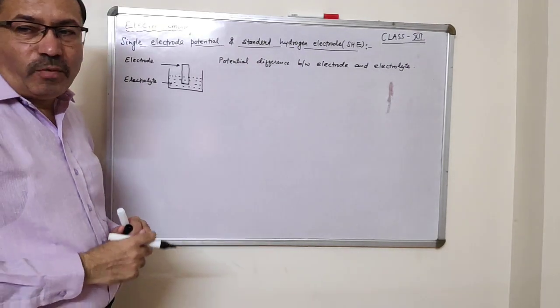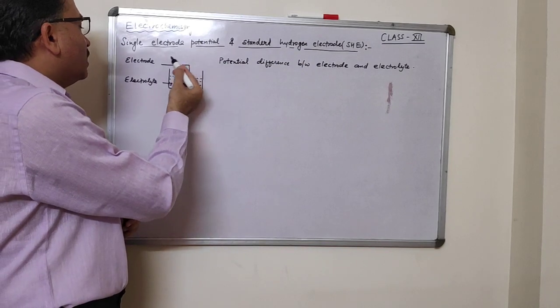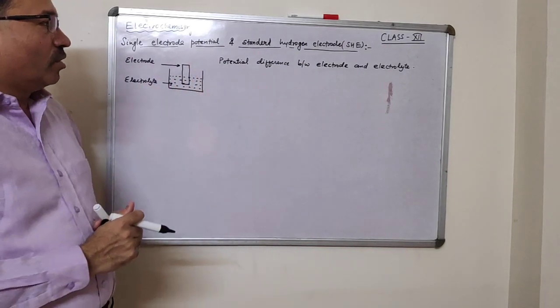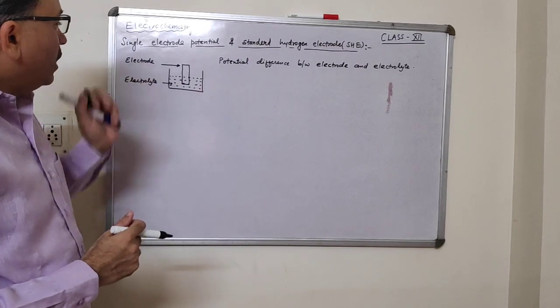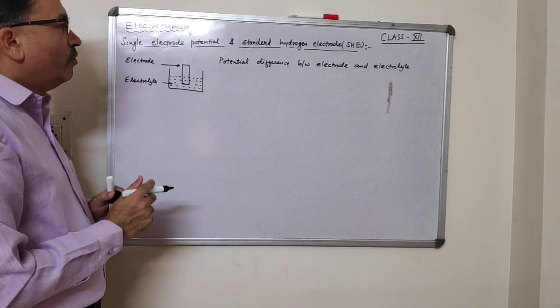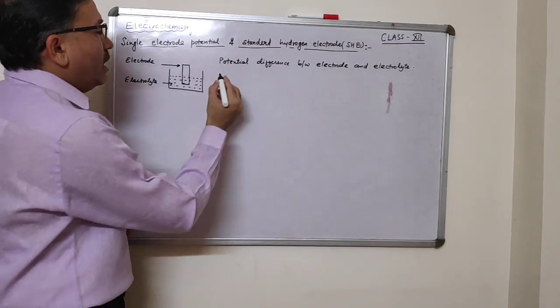Now the important point is how to measure the electrode potential of a single electrode. It is very difficult to measure it. So what happens? We use a reference electrode.